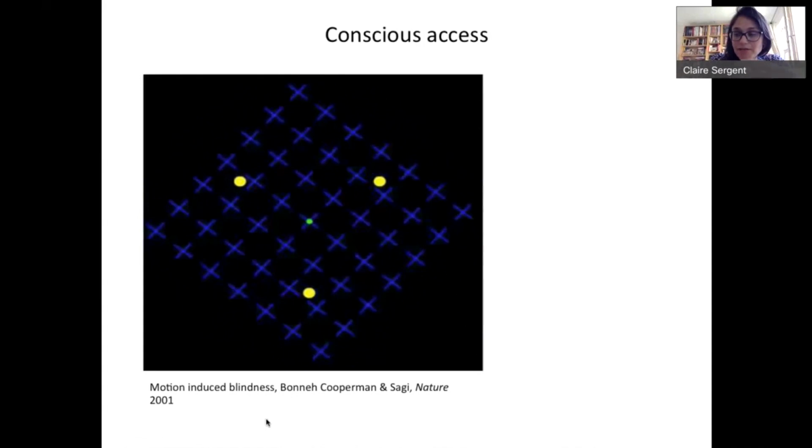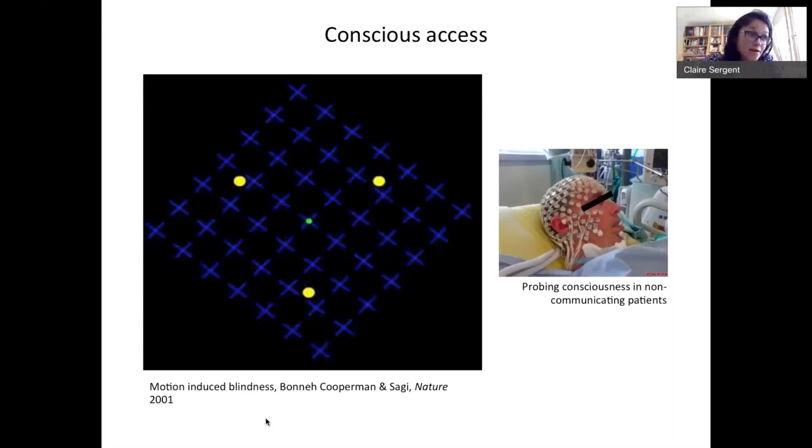And obviously, it's an interesting question of its own, but it's also very relevant to try and understand what makes the difference between conscious perception and unconscious perception, to then interrogate consciousness in patients with disorders of consciousness or non-communicating patients.